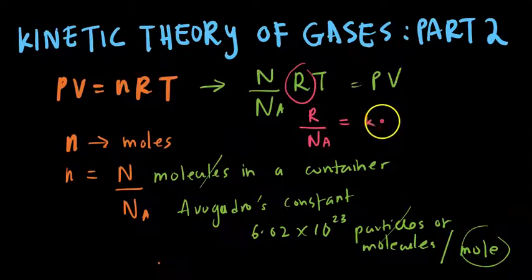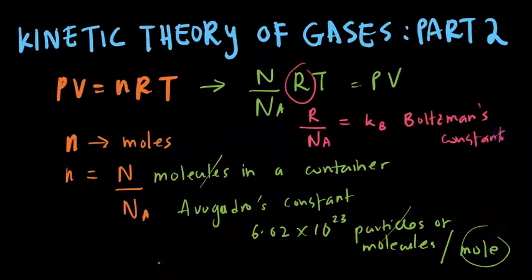This k can either be a small k or a k with a subscript B. It is known as the Boltzmann constant. I know, another constant. This is your third constant in this chapter. Previously, we started with R, the universal gas constant. Now we have another constant, which is actually a constant over a constant. R over N_A is the Boltzmann constant.